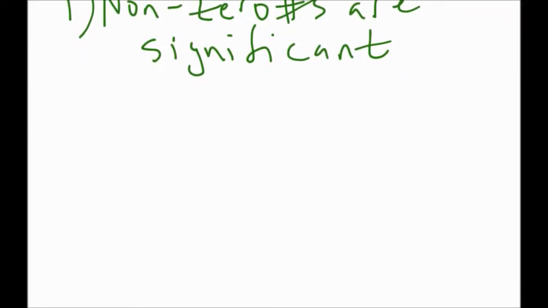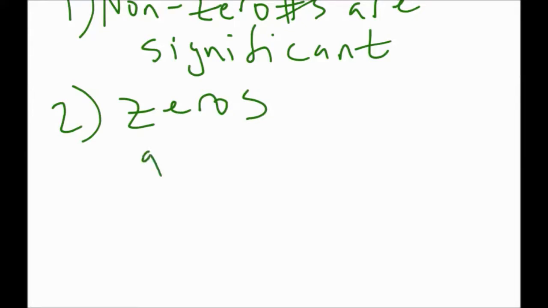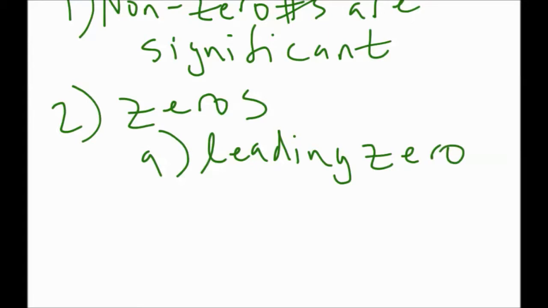The second rule is a little bit more complex, and it has to do with zeros. There's actually three different kinds of zeros in chemistry. The first zero that we're going to look at is called a leading zero. Leading zeros are never significant.